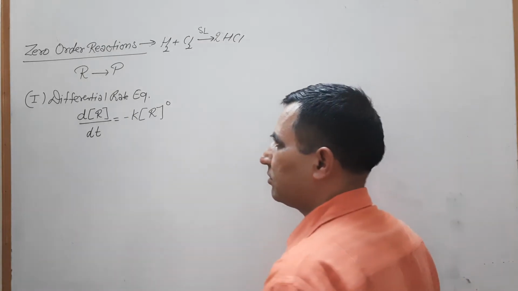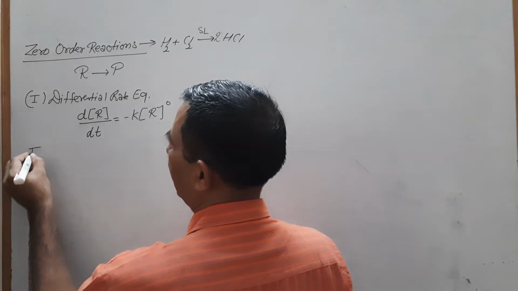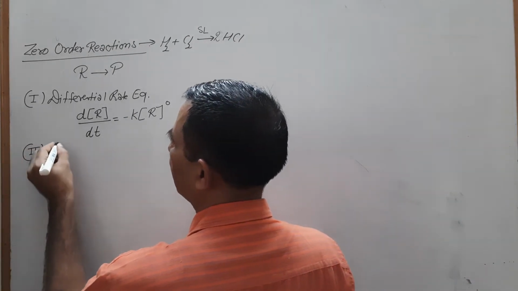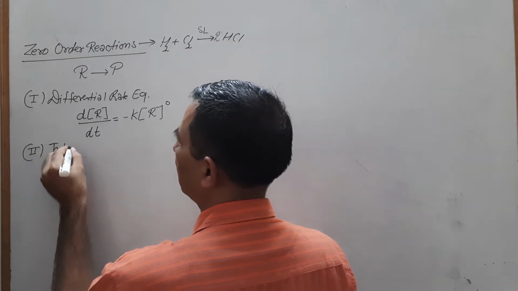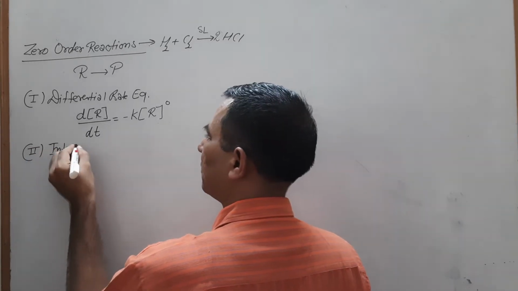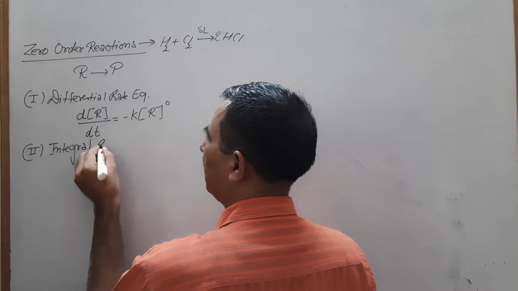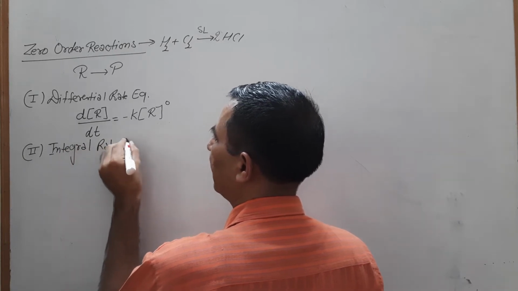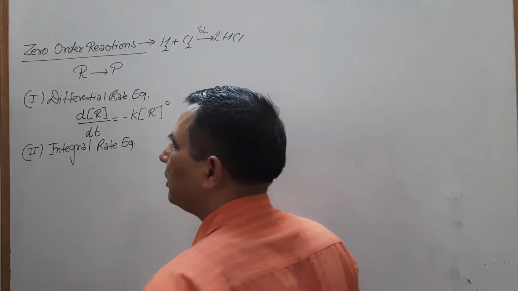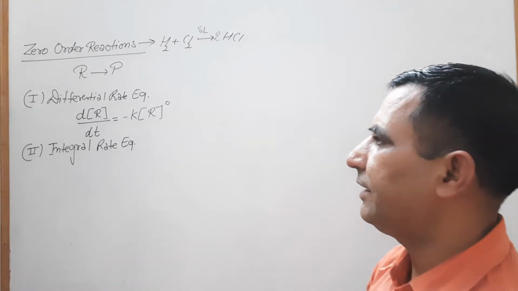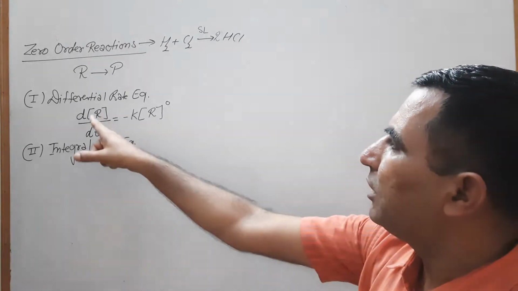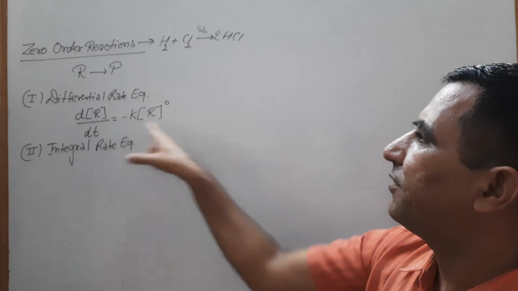Now the second stage: find the integral rate equation. We integrate this differential rate equation.